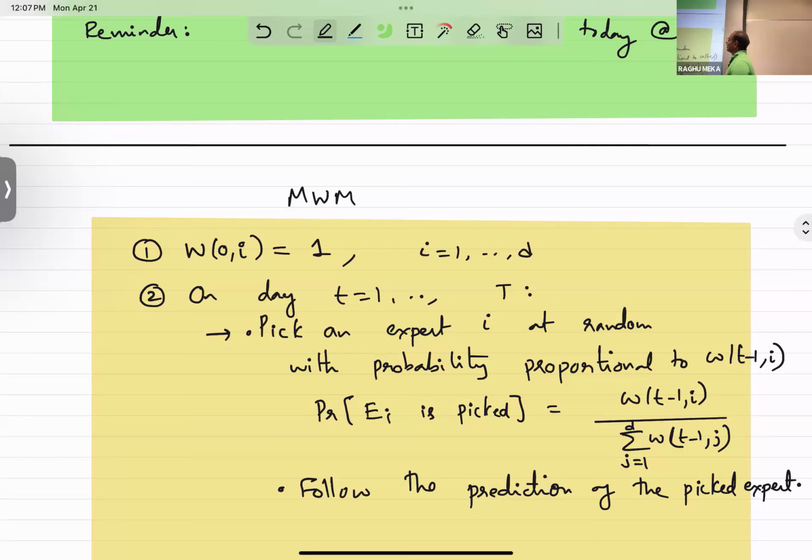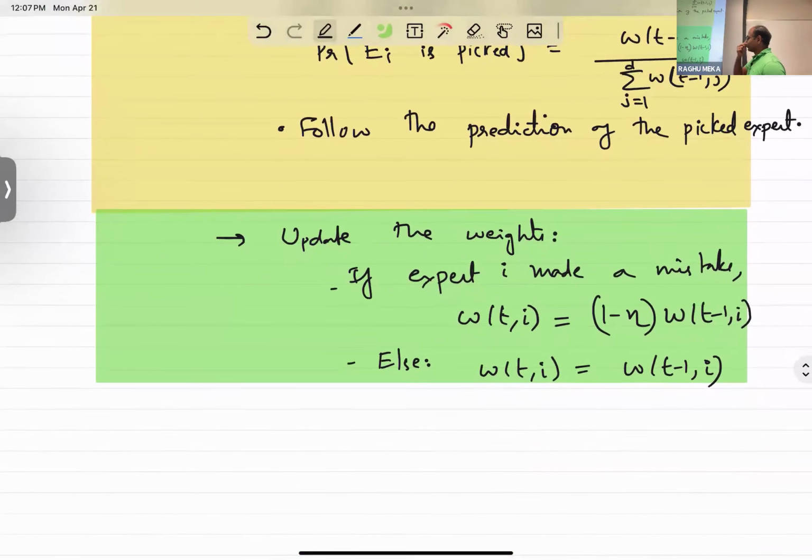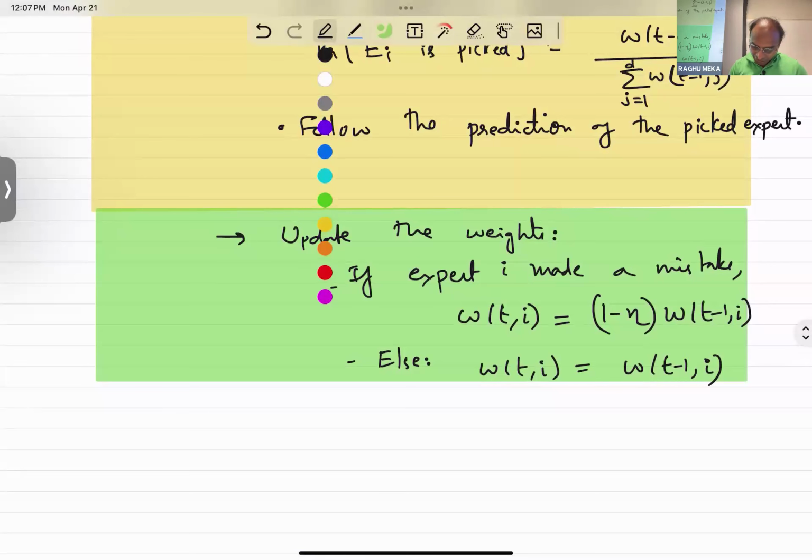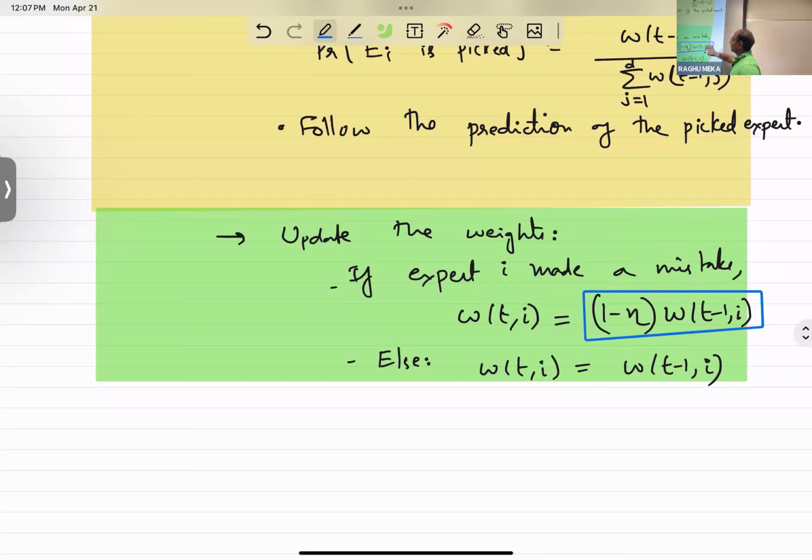It's called a method because, more or less, there's a lot of variability in how you implement these exact things. Let me just say a couple of things. If you look at this update here, whenever you don't make a mistake, you keep the weight the same. If you make a mistake, you hit it with a multiplicative factor, right?